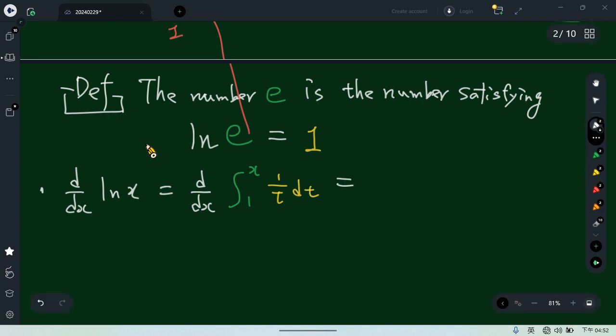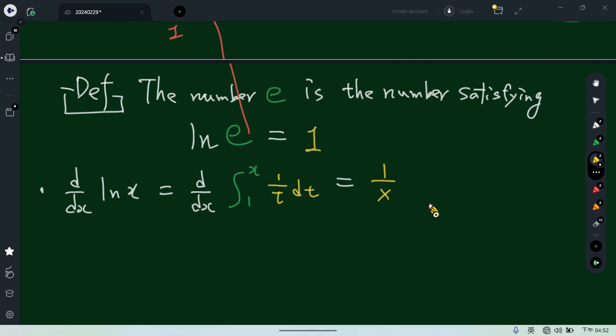So what is the result? Yes, this part, right? So the answer will be 1 over x.